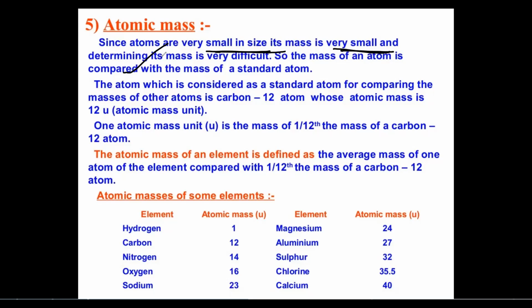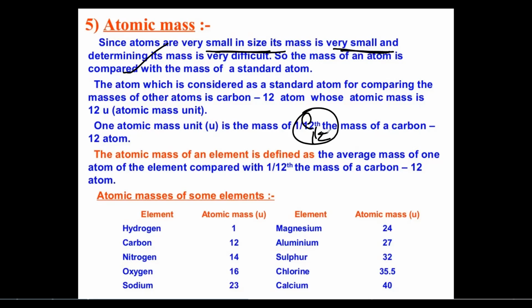We'll be using that to compare other masses, because carbon is an element which is found in each and every part of the universe. Everywhere, something or the other is made up of carbon. So carbon is taken as a standard, especially carbon 12.